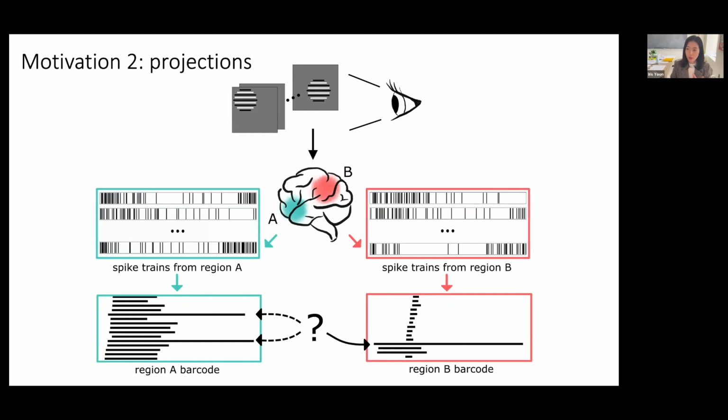How do I know whether the circular feature encoded in region A is related to the circular features encoded in region B? Is the circular feature in region B merely a reflection of one of the circular features in region A, or are they, again, completely independent?